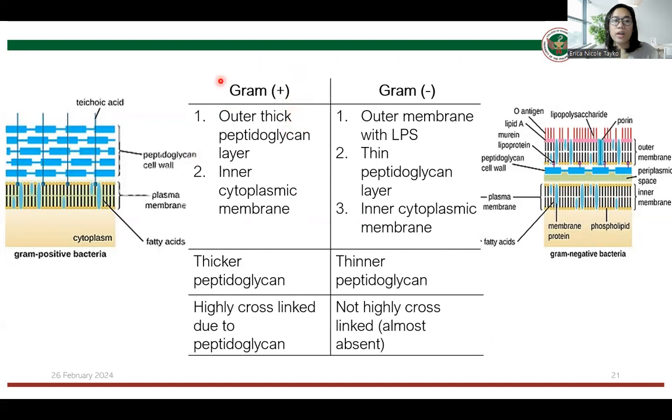Okay, so your gram positive generally have a thick peptidoglycan layer. Gram-negative bacteria also contain peptidoglycan in their cell wall, but it is thinner.